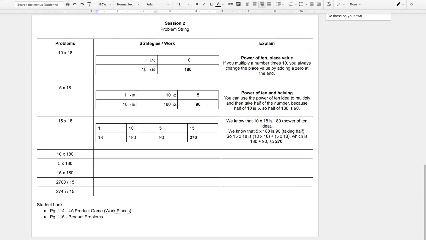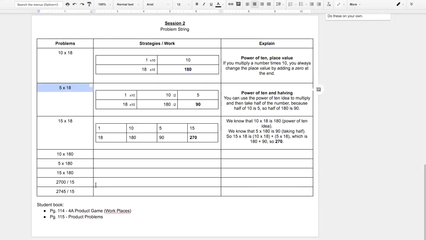This 8 is in the ones place in 18, but when you multiply it times 10, it's not in the ones place anymore. It is in the tens place. It's 180, 8 tens. So you've changed the place value of that number by multiplying times 10 and adding that 0 at the end. So that's a pretty simple one. That should be pretty much in your brain by now. Any number times 10, you know the rule or the principle, and you can apply it by adding a 0 at the end.